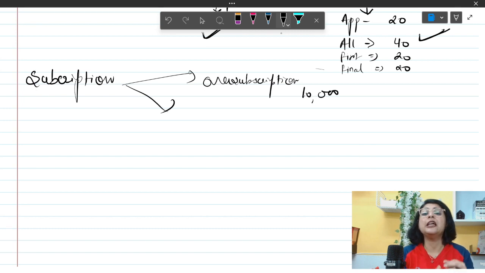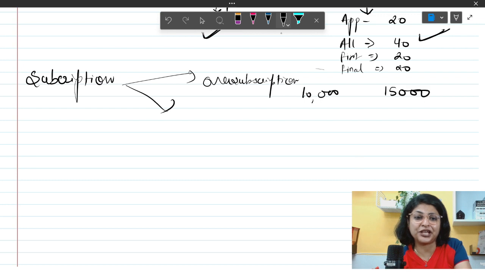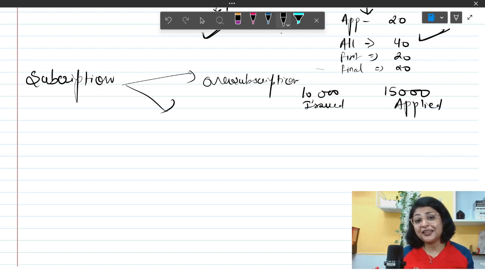So they're telling public, please come and buy 10,000 shares from us. Public is overwhelmed and 15,000 applications came. This is issued capital and this is applied capital. So 15,000 applicants, not the shareholders, have applied for these 10,000 shares.